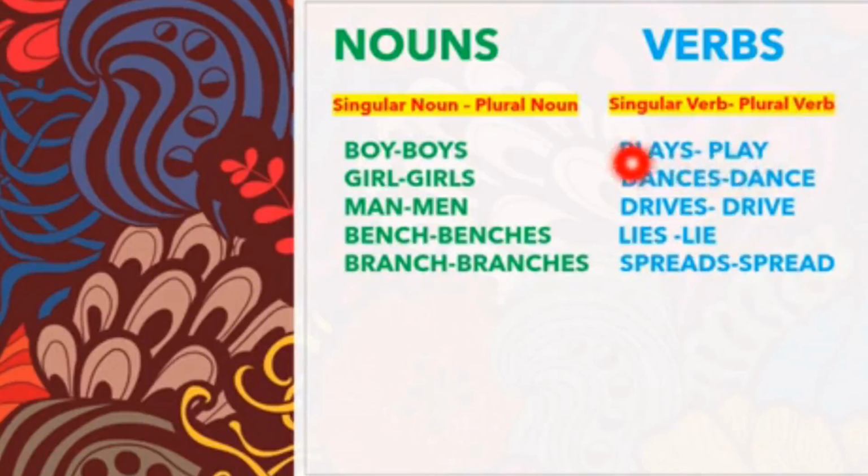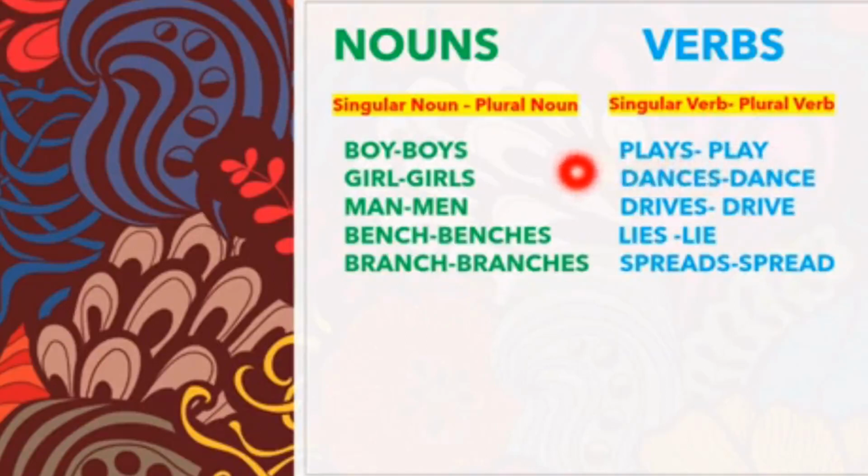So what happens here? In nouns, we add s or es to make a plural noun. But for a verb, if you want to make it a singular verb, you have to add s or es. And if you want to make the verb plural, you should remove this s or es.